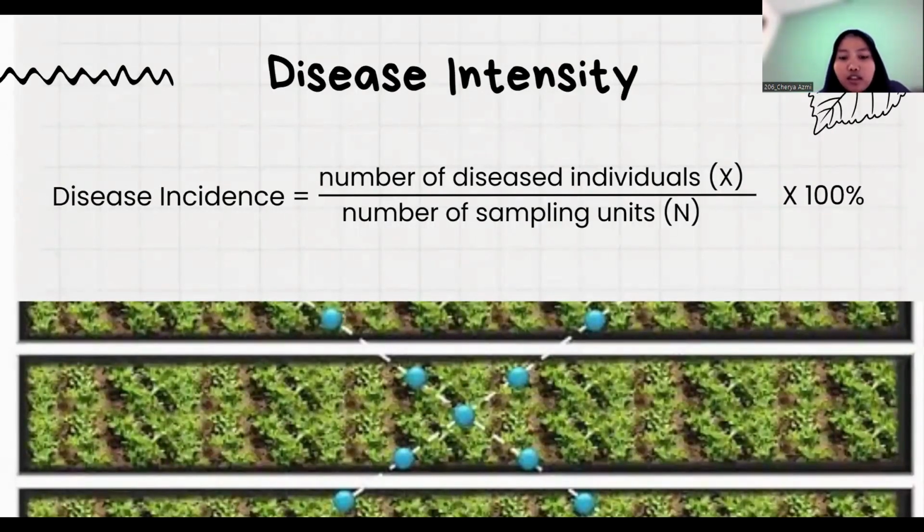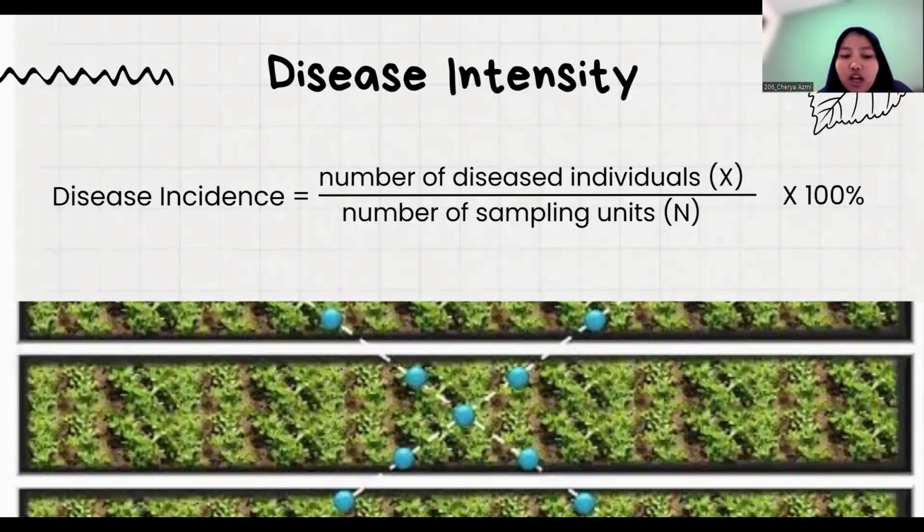The things you need to know before calculating are the number of diseased individuals, which is symbolized by the letter X, and the number of sampling units, which is symbolized by the letter N. The number of sampling units can be individual plants if the sample taken is individual plants, but if the samples taken are clusters, then the number of clusters taken is counted.